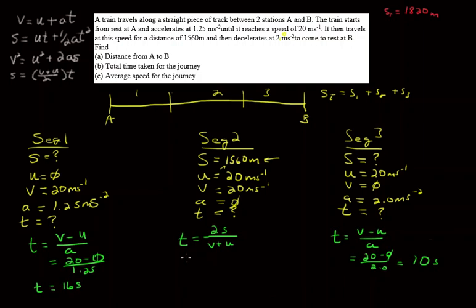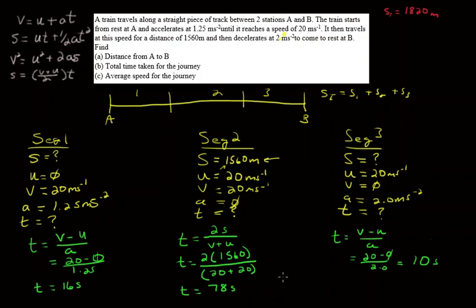Okay, so T equals 2 times 1,560 divided by 20 plus 20. All right, they're the same. So the time, when you multiply all that out, comes out to 78 seconds.